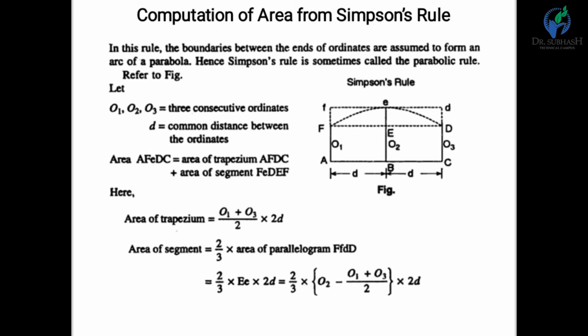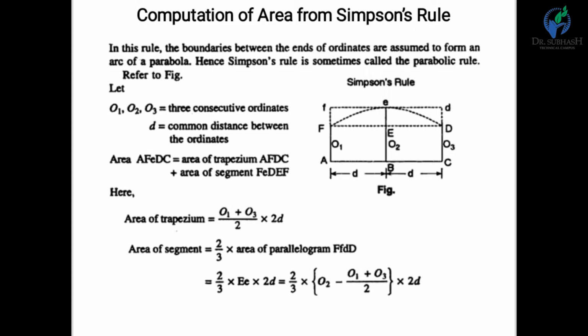That is the explanation of the Simpson rule. In this rule, the boundaries at the ends of ordinates are assumed to form an arc of a parabola. Next, O1, O2 and O3 are the consecutive ordinates.